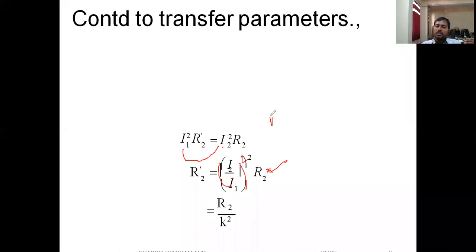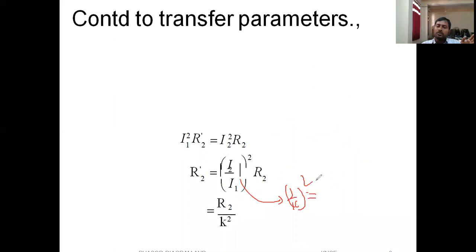And we know that N2 by N1 is equal to E2 by E1 is equal to I1 by I2, which is equal to K. I1 by I2 is equal to K, then I2 by I1 is equal to 1 by K. So I2 by I1 whole square can be written as 1 by K whole square.